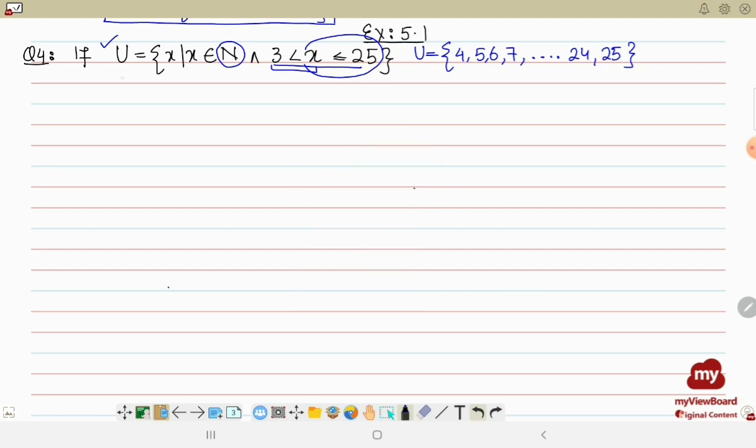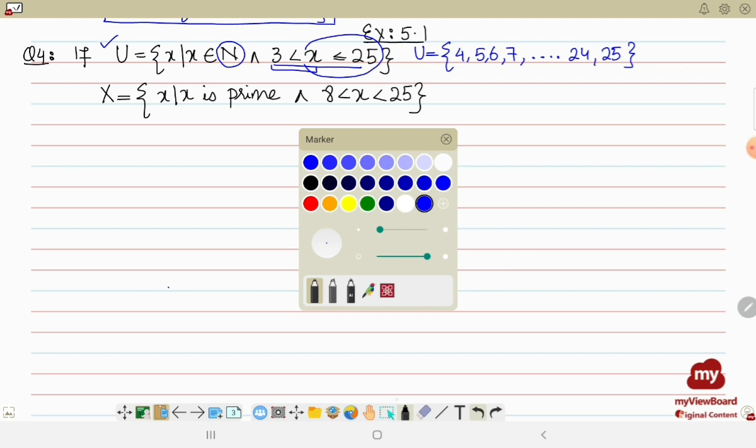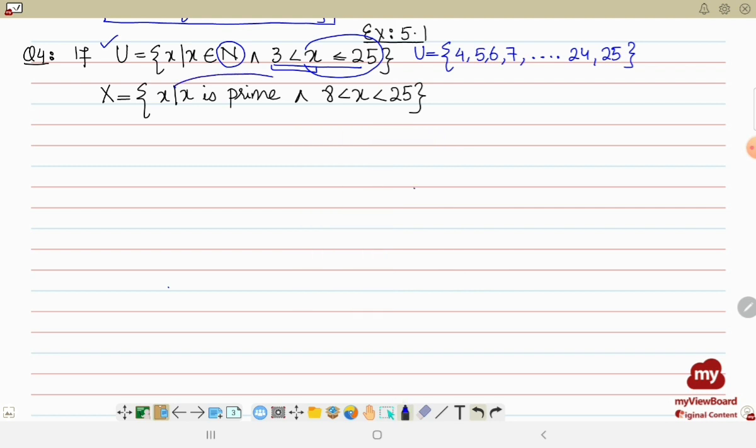Now let's write down the other set which is given in the question. Set X, it is given in the question. I'll be mentioning the same thing. Set X is equal to x such that x is prime, and the restriction is 8 is less than x and x is less than 25. So the very first thing is the set of prime numbers.